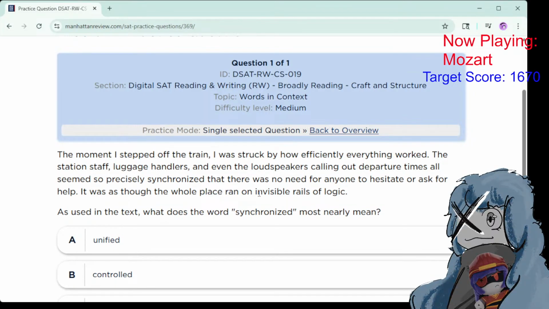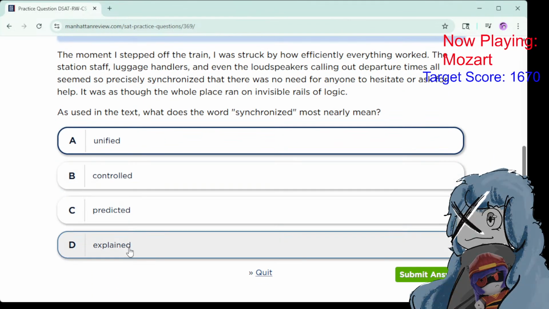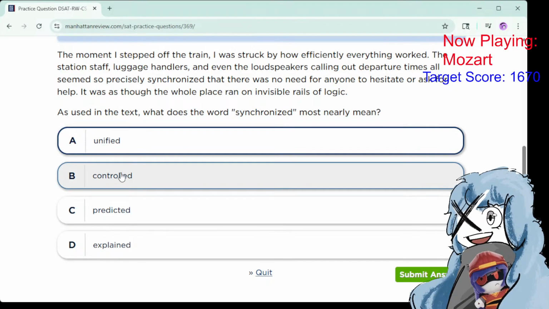Synchronized: unified, controlled. Synchronized basically means unified. I always shift between unified and controlled.